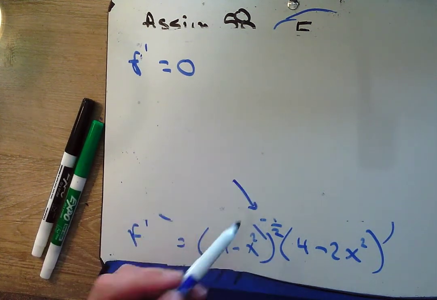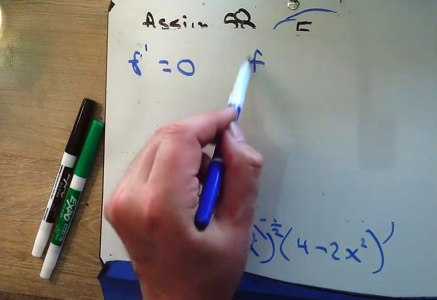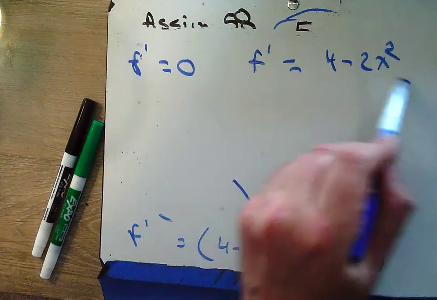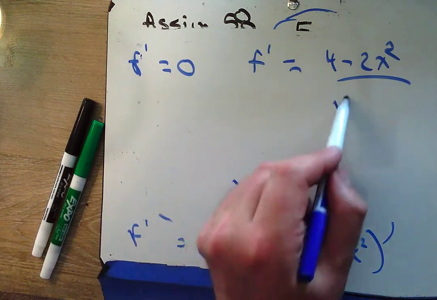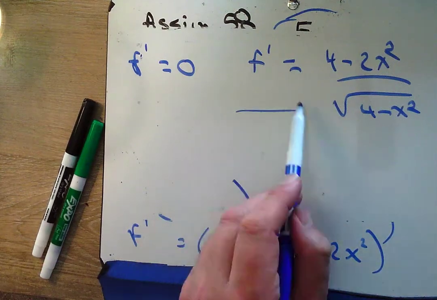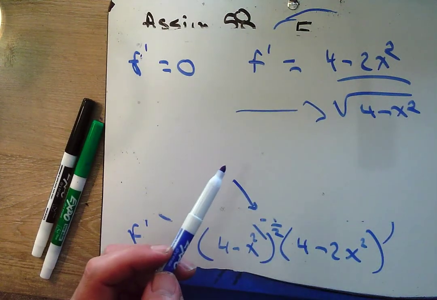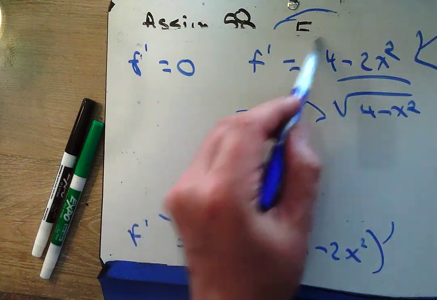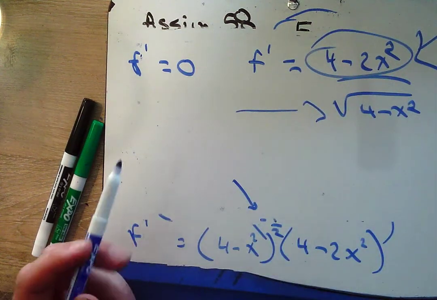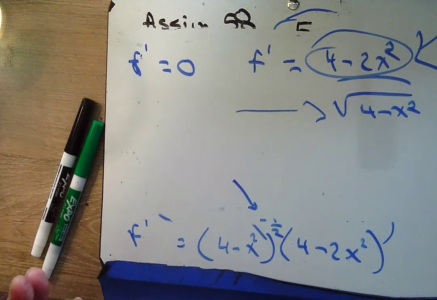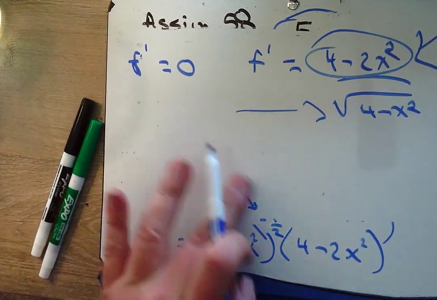Because look, if we flip that down, our f prime becomes (4 minus 2x squared) over the square root of (4 minus x squared). When the denominator is equal to 0, that gives me when f prime is undefined, and when the numerator is equal to 0, I get when f prime equals 0.